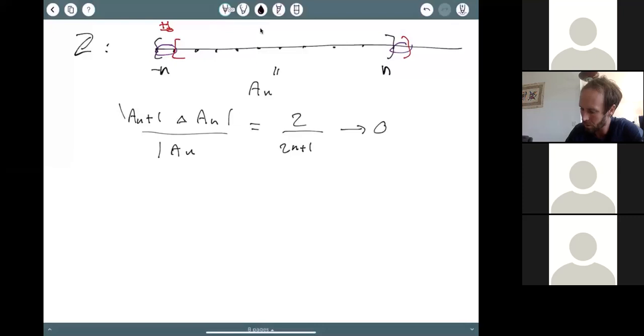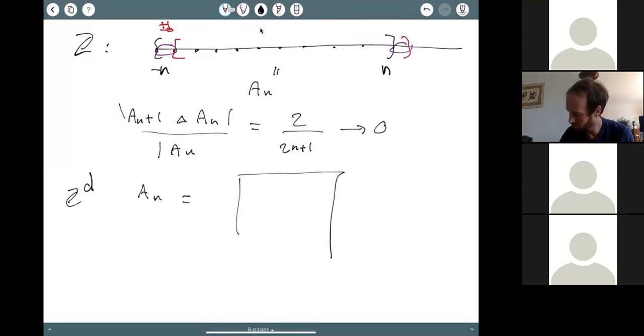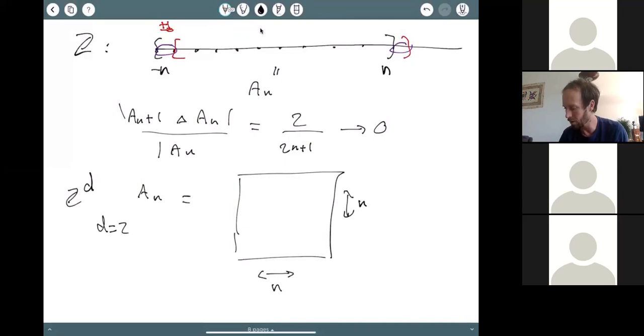If you want to consider Zd, you just take a finite product of these, let's say for d equals 2. And again, if you translate it by any element, the symmetric difference will tend to 0 like 1 over n.